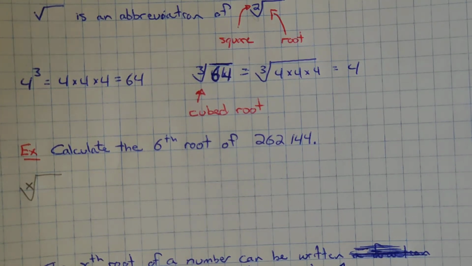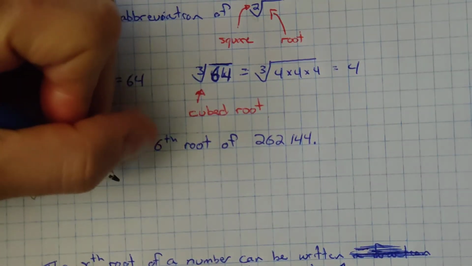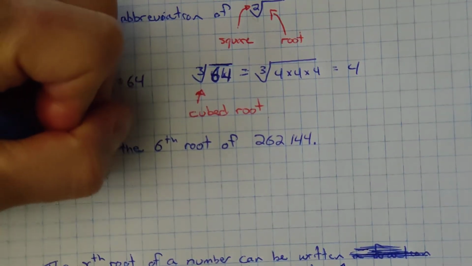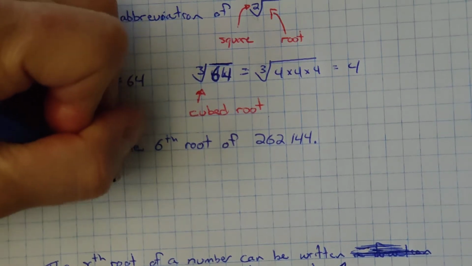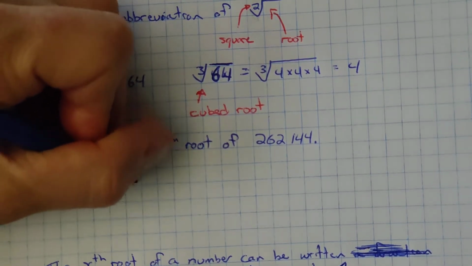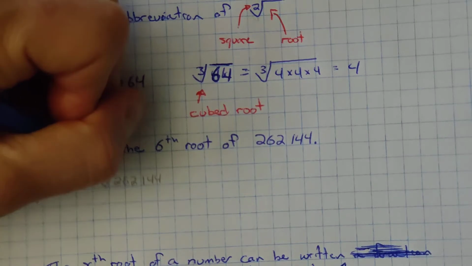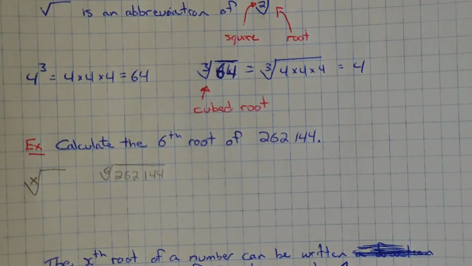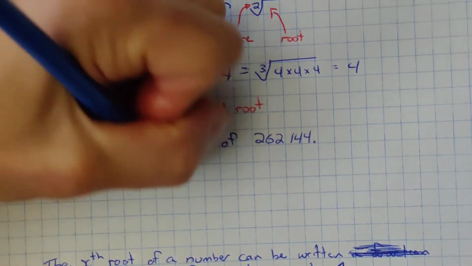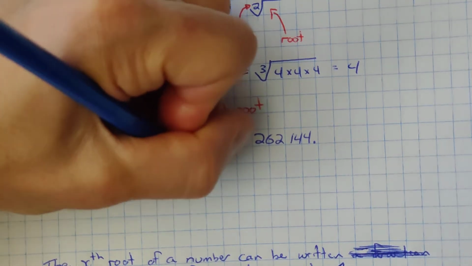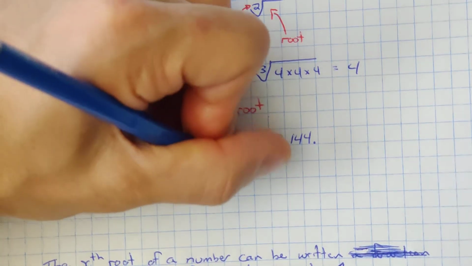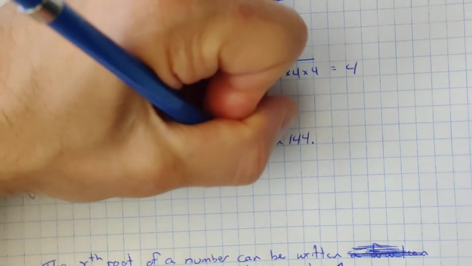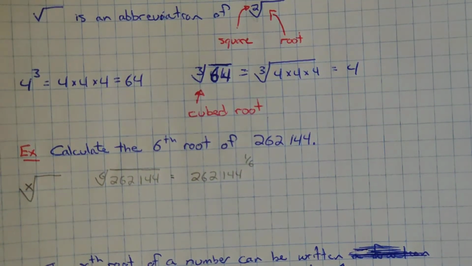The other way to do them is to use fractions. So if I want the 6th root of 262,144, what I convert that to is 262,144 to the power of 1 over 6.